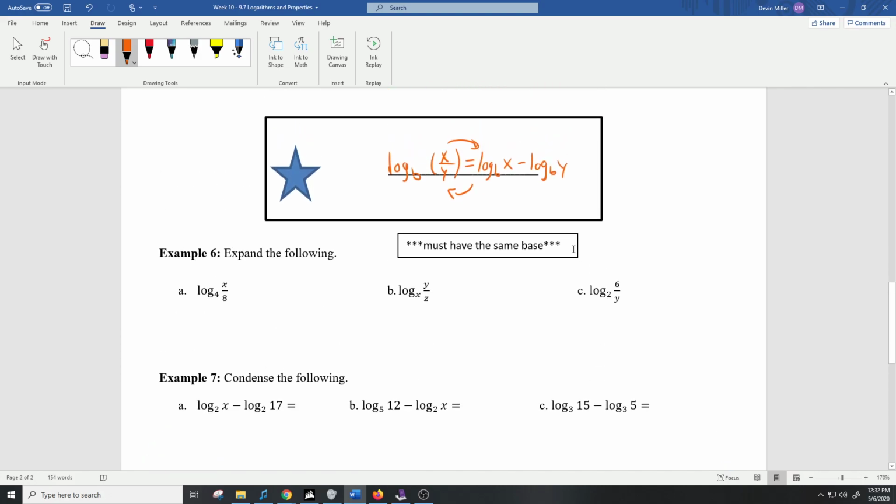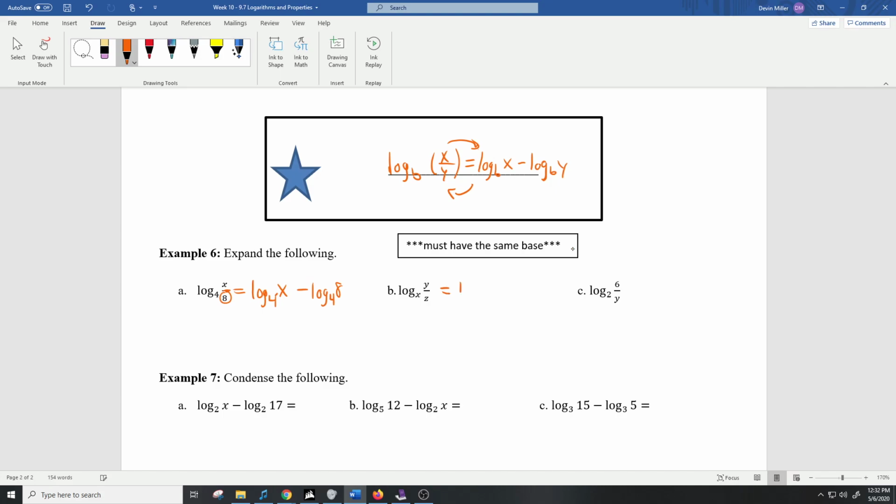So expand the following. So if we have division here, the one that's on the bottom gets the minus sign. Otherwise, we keep the same logarithm, the same base. So we have log base 4 of x comes first, minus log base 4 of 8. That's all there is to it.